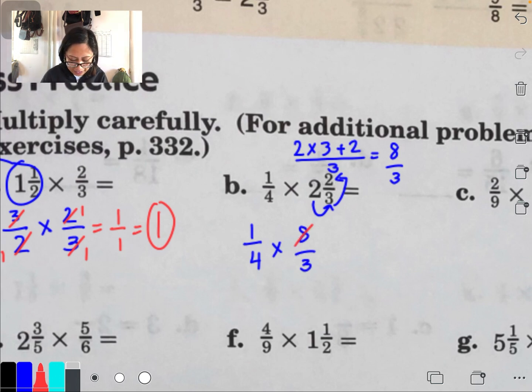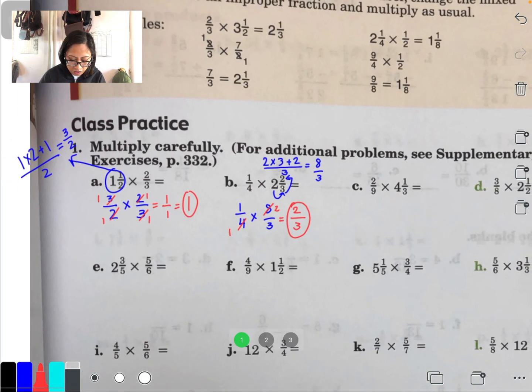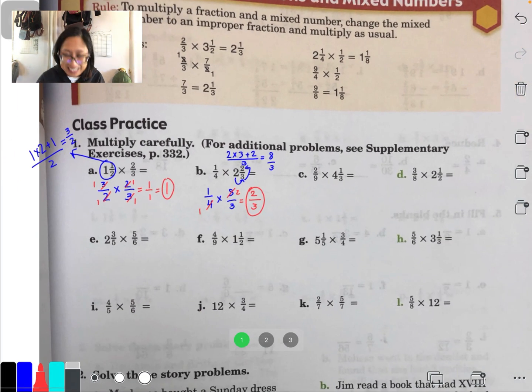Okay, because 8 divided by 4 is 2. 4 divided by 4 is 1. So here I've got 2/3, and that's fine because it's not improper. 2/3 is fine. 2 is a numerator, it's small, it's okay. That's my answer.